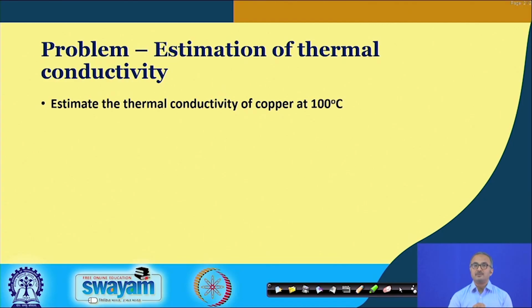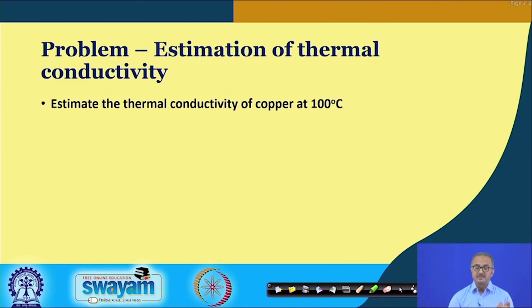Next, we come to another important property, that is thermal conductivity. In this, we have to find out the thermal conductivity of copper at 100 degree centigrade. Now, please understand that thermal conductivity is again dependent on pressure and temperature, not so much on pressure for solids, but temperature, yes, it is, and so we need to know the particular correlation to find out the thermal conductivity.